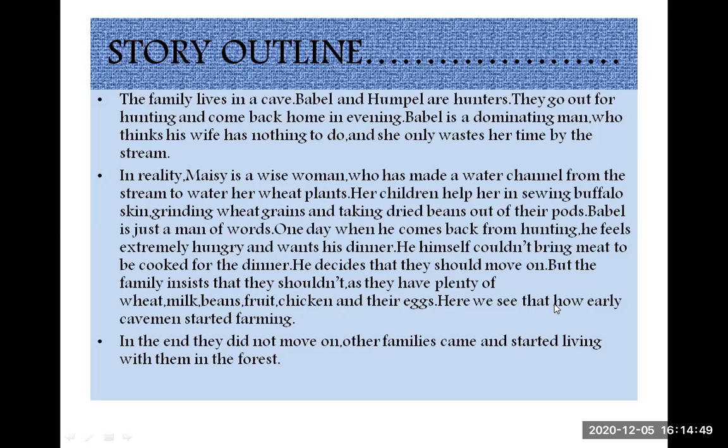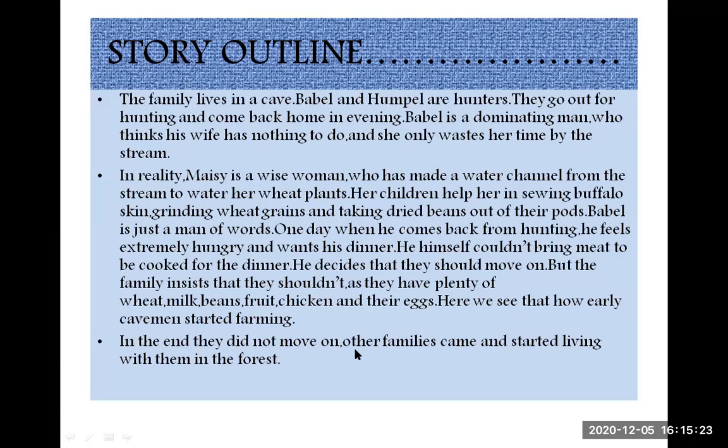And here we see that how early cavemen started farming. They are growing crops, they are growing wheat, they are growing beans, fruit trees, and they are also keeping livestock. Here chicken and their eggs are giving us an idea of poultry farms, which is a livestock, and we can easily get the idea of farming. In the end, they did not move on, they did not go anywhere else.